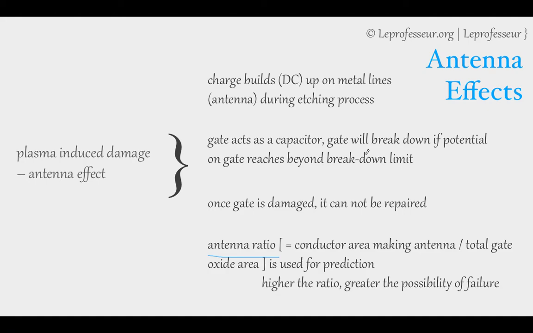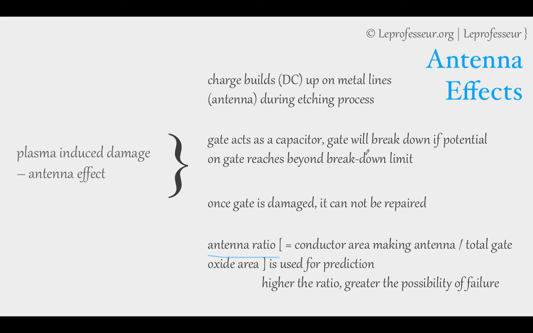If that ratio is higher, it means you have more conductor area contributing to the antenna. And since this is not connected anywhere, charge will accumulate, build up, build up, build up, and eventually it will break down the gate.